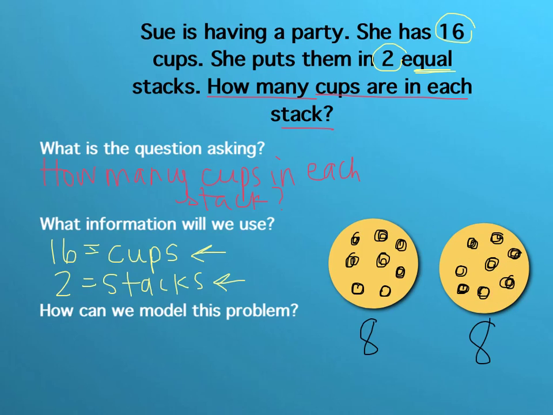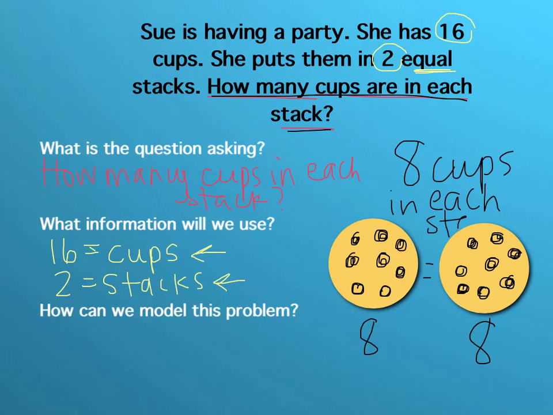Yep, there's 8 in that stack. So we have 2 equal groups, and there are 8 in each group. Does this answer our question? Yes, the question was how many cups are in each stack? And we know that there are 8 cups in each stack. Remember to label, no naked numbers.